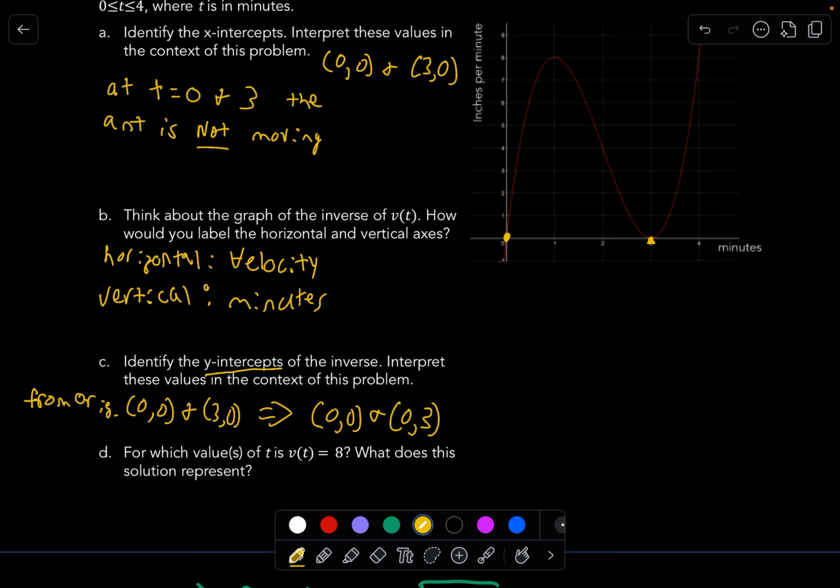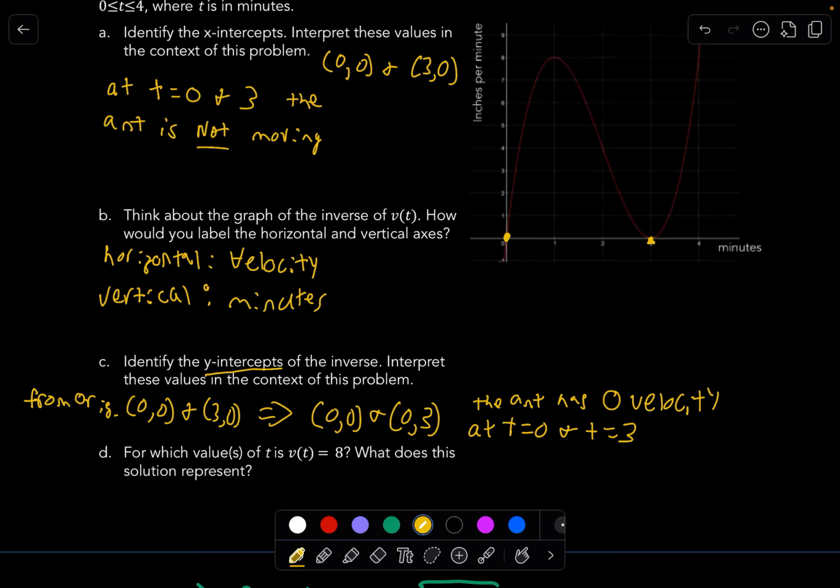And then it says interpret these values in the context of the problem. Well, according to this, when the ant has 0 velocity, it would be at time t equals 0 and t equals 3. The ant has 0 velocity at t equals 0 and t equals 3.